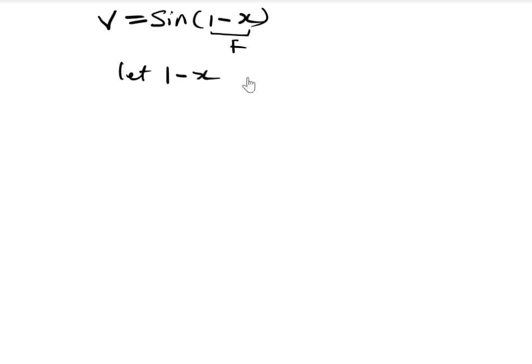If v is equal to sine(1 minus x), to solve this, we'll be using chain rule. And let's assume this part, 1 minus x, to be f.